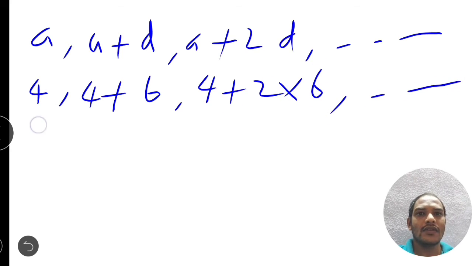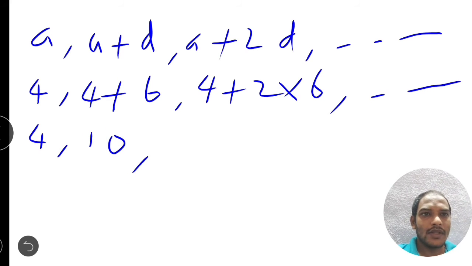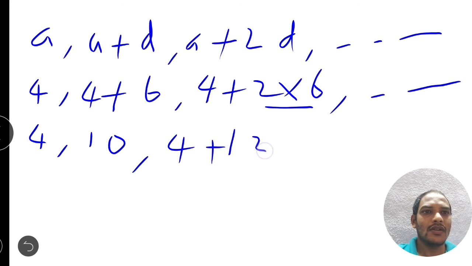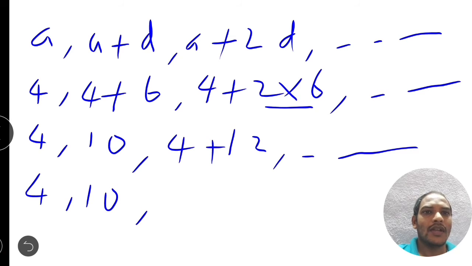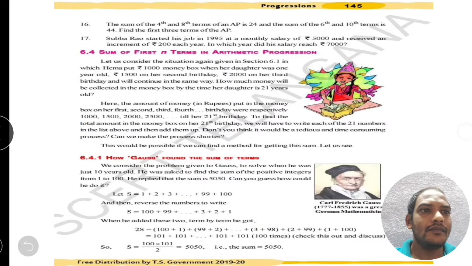So 4 plus 6 is 10. As per the BODMAS rule, first you complete the multiplication. So 4 plus 2 sixes are 12. So 4, 10, 4 plus 12 is 16. So this is our required answer.